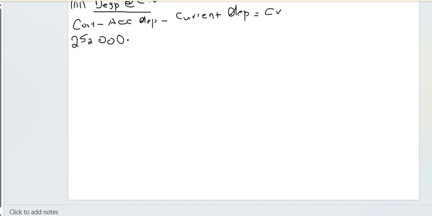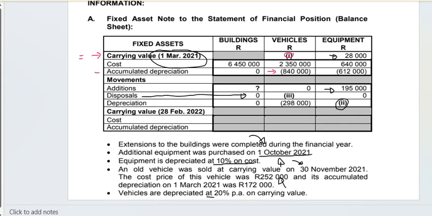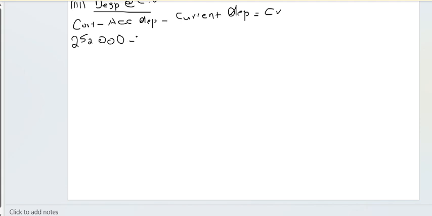And we have the accumulated depreciation at the beginning, on 1 March, which is 172,000. Minus what is remaining, which is the current depreciation. So let us look for the current depreciation.